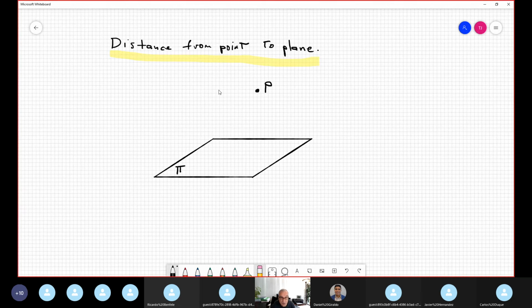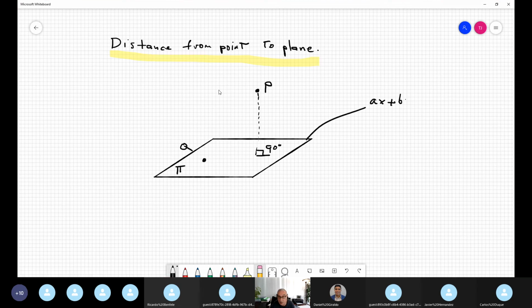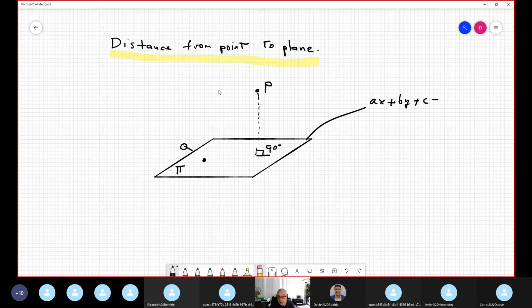Okay, I try to find the shortest distance. This is the distance. Okay, this is 90 degrees. Shortest distance. So you find another point on the plane. Okay, I want to call it Q. It's easy, because the basic idea, the equation for the plane, you know, is ax plus by plus cz equal d, no?